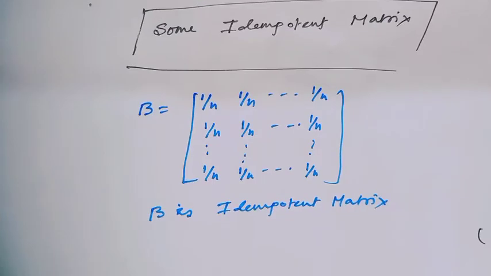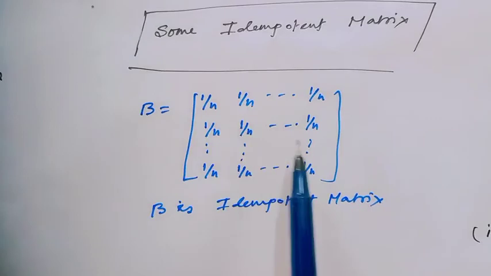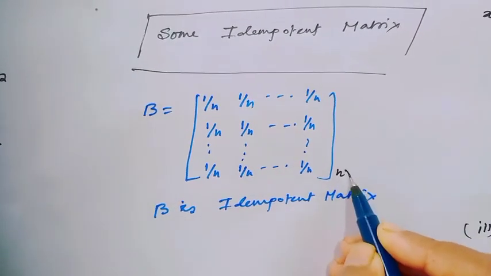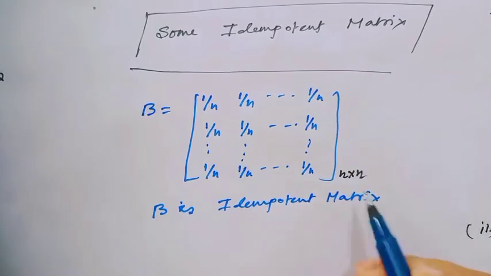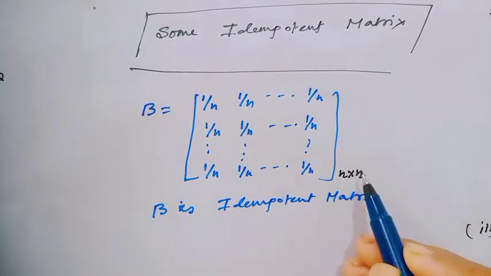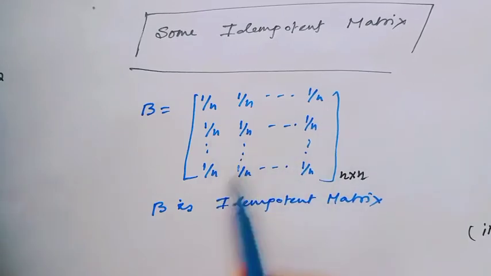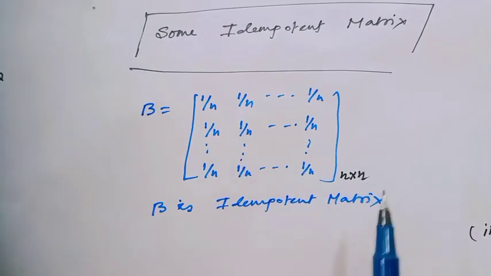Are you getting it? Now let's see a different type of idempotent matrix. Notice this idempotent matrix. Here n is the order of the matrix, with entries 1 over n, 1 over n, and so on continuing. Notice this matrix. This matrix is always an idempotent matrix.